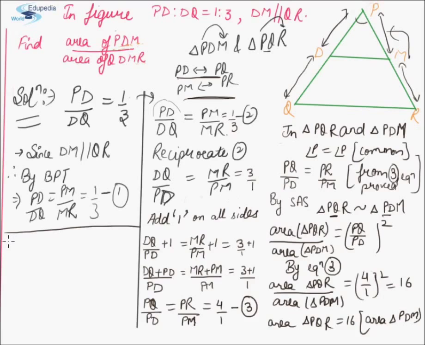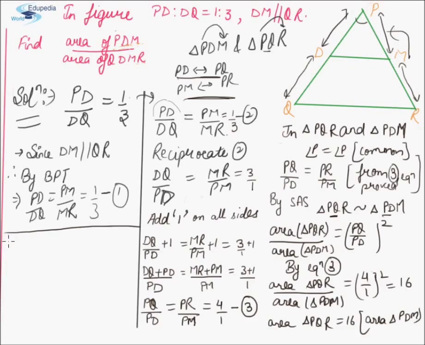So bringing the terms having triangle PDM on one side, that is left hand side, we have 16 times the area of triangle PDM minus area of triangle PDM is equal to area of QDMR. Thus 16 minus 1 is nothing but 15 times the area of triangle PDM is equal to area of QDMR trapezium.